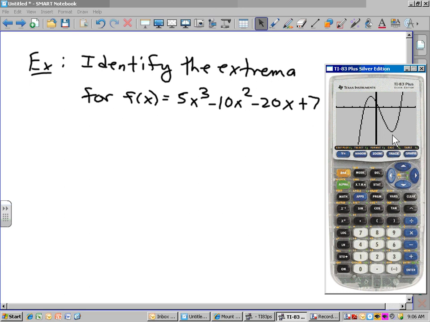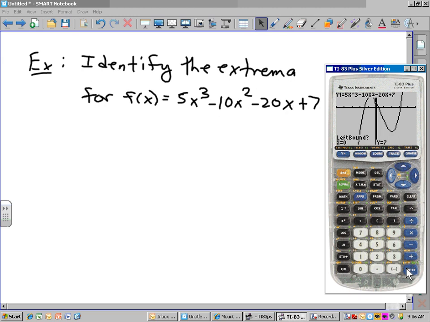We need to calculate those. If you hit second, trace, which is right beside the graph button, we have number 3 and 4, min and max. I'm going to calculate the maximum.